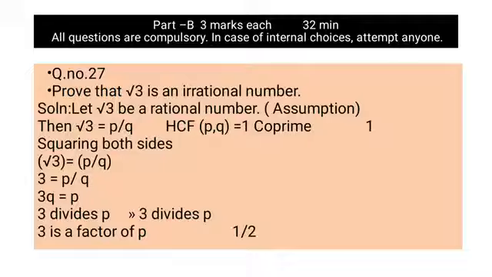Squaring both the sides, we get root 3 squared is equal to (p upon q) whole square, so 3 is equal to p square upon q square, and p square is equal to 3q square.